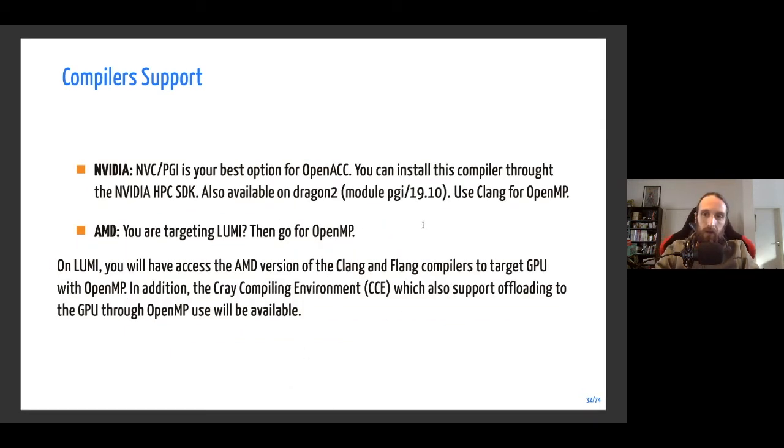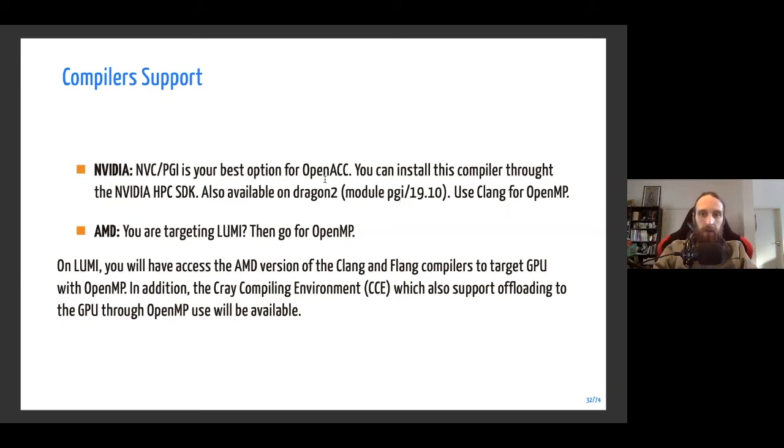So the idea is that if you want to use a compiler directive, what is the best option? It really depends on what you want to do. If you want to target NVIDIA hardware, the best option, at least the one that gives you the best performance while doing less work, is OpenACC.